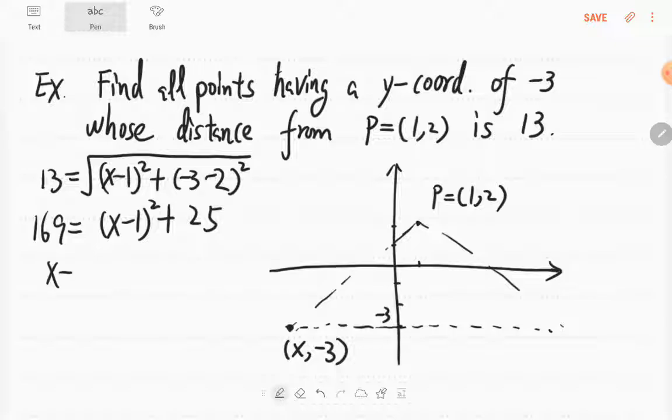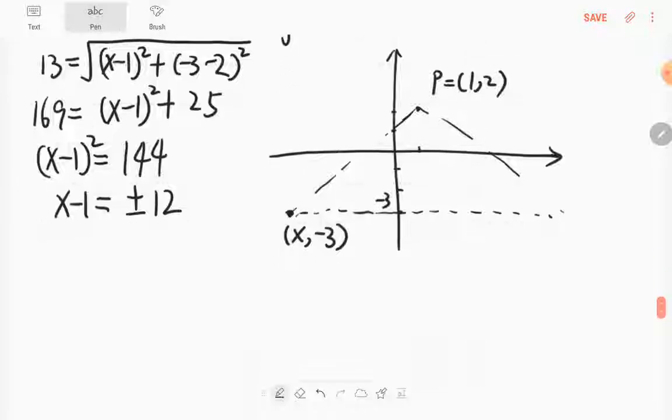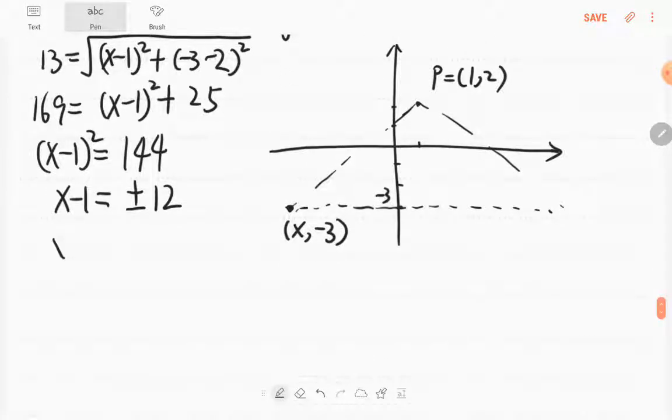Okay, so (x minus 1) squared is equal to what? 144. We subtract 25. Then we can use the square root property. So x minus 1 equals plus or minus the square root of 144, which is 12. So x minus 1 equals 12, or x minus 1 equals -12.